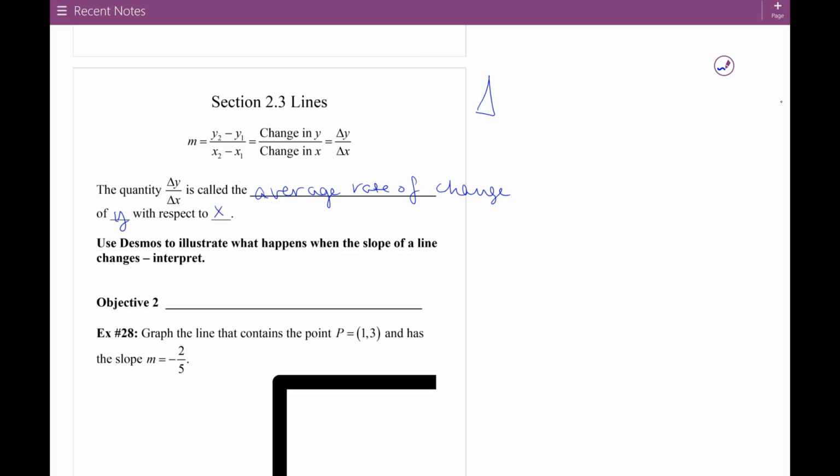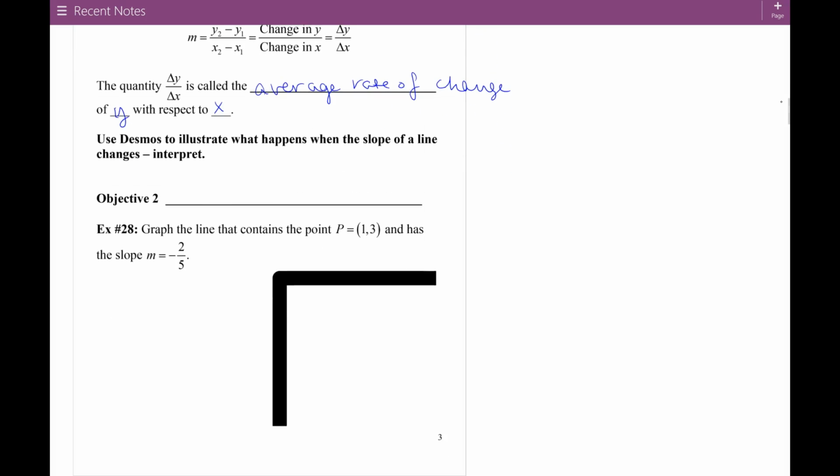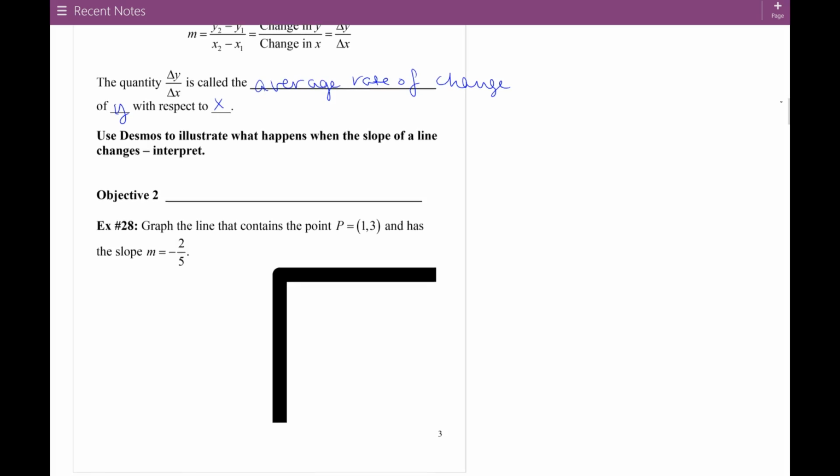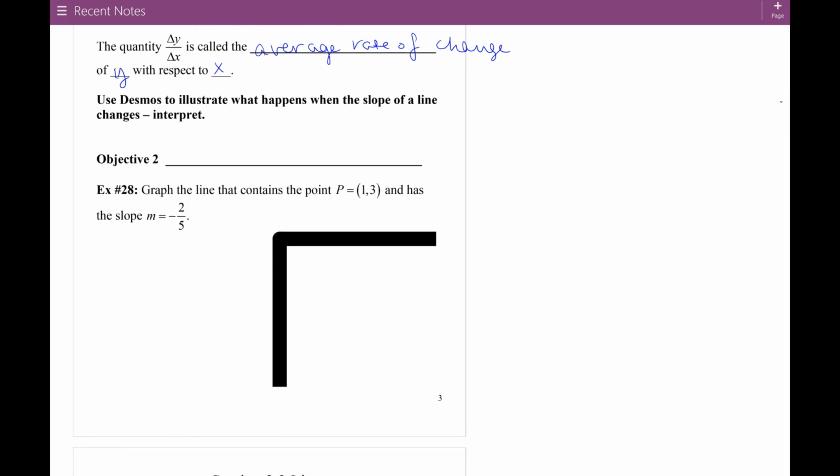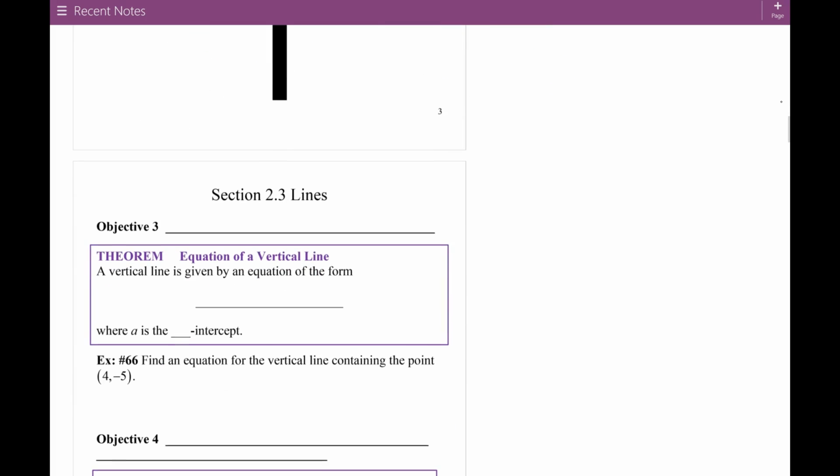So in class, we'll use Desmos to illustrate what happens when the slope of a line changes. And now we have objective 2, which is graph lines given a point and the slope. And we'll work on that together in class.